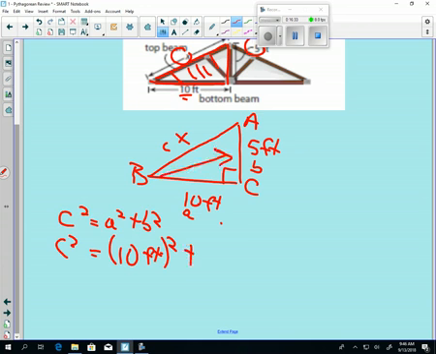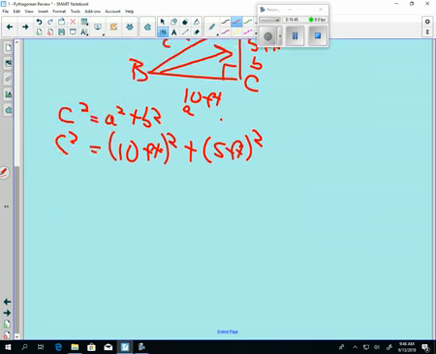So plus 5 feet squared. So we've got our formula set up. We want to know what C is. Well, if we just keep it like that, 10 squared is what? 10 times 10? 100 feet squared. When you multiply feet by feet, you get feet squared.